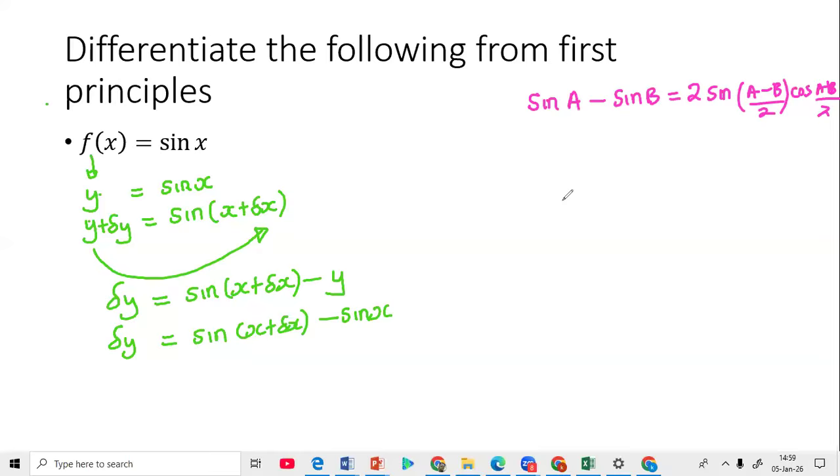No, what do you have? It will be 2 sine (A plus B) out of 2, cos (A minus B) out of 2.